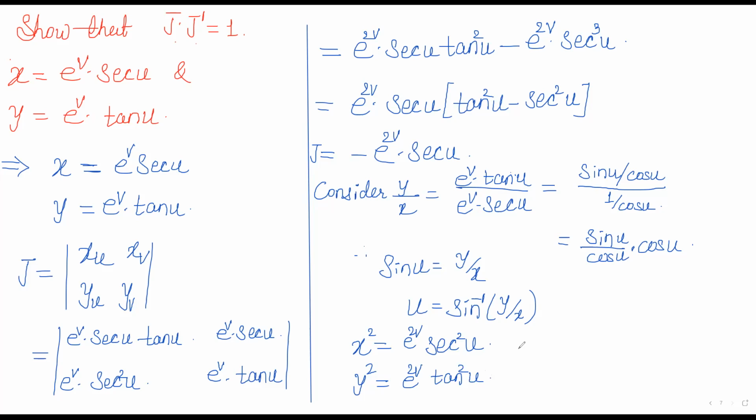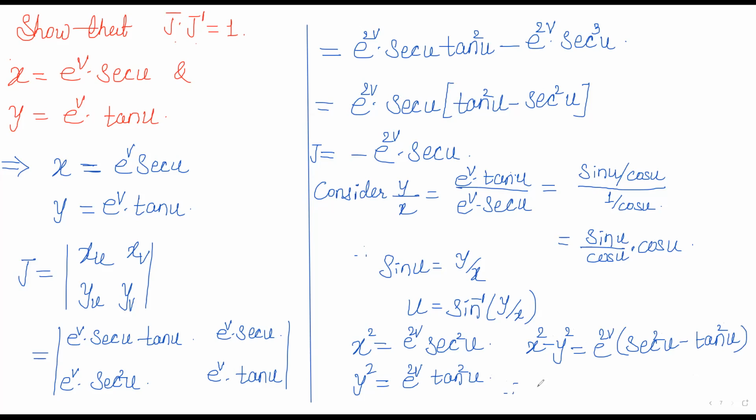Squaring on both sides. Now x square minus y square is equal to e raised to 2v in bracket sec square u minus tan square u. And what is the value of this bracket? 1. Sec square u minus tan square u, that is 1.